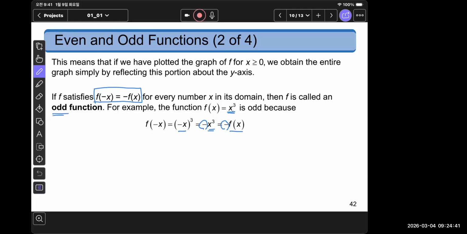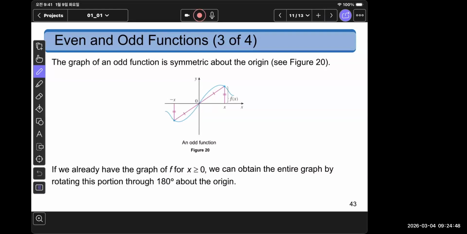So the x cubed function is an example of an odd function. And in the case of an odd function, the graph will be symmetric about the origin, as in figure 20. So those are some definitions and properties of even and odd functions.